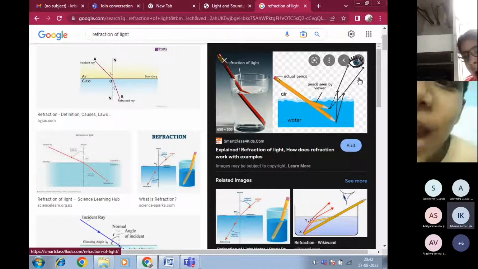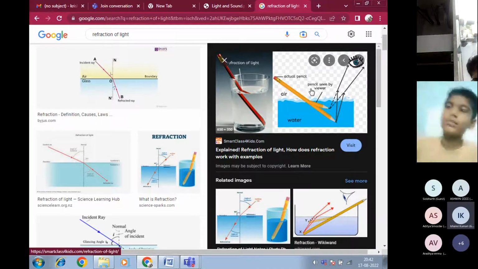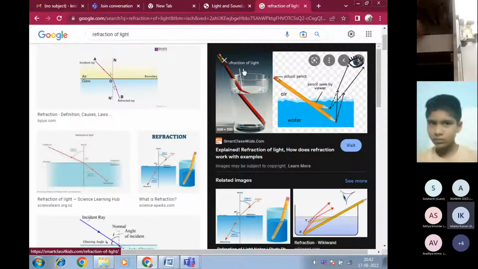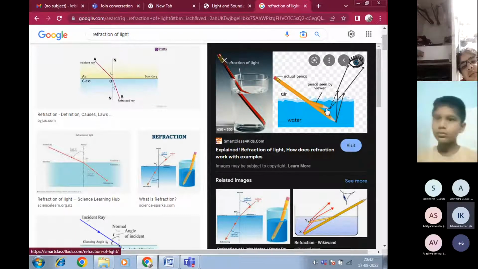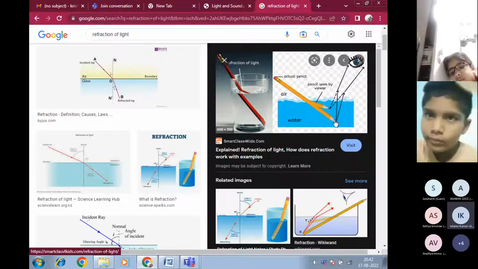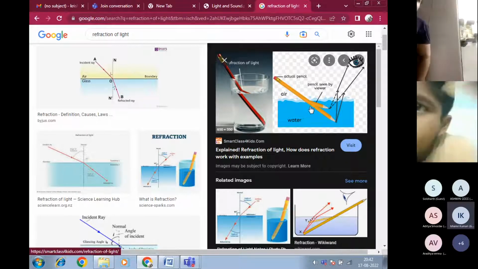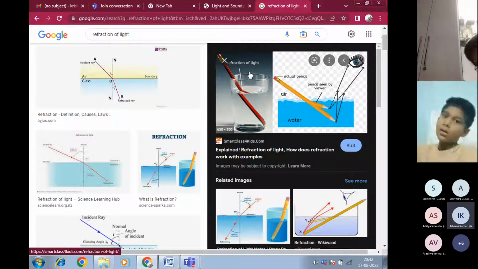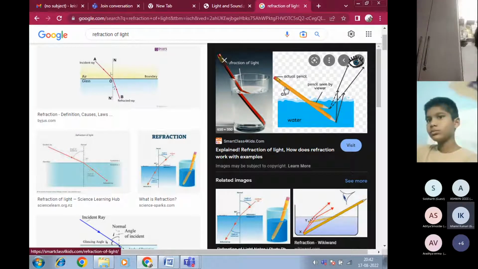Ma'am, refraction. Yeah, refraction. That bending of light, you call that refraction. That bending of light makes you feel that the pencil is bent, but actually the pencil is like this only. For your eyes it looks as if the pencil has bent. The property is refraction.